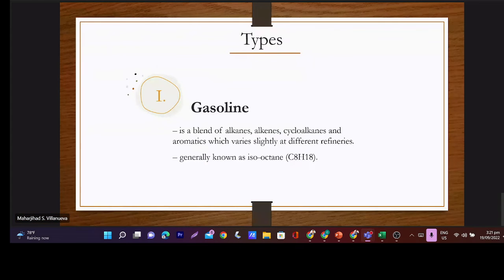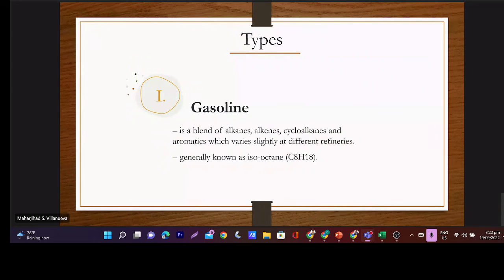Yan po, meron na po ba? Tapos na po yung sa refining process po.